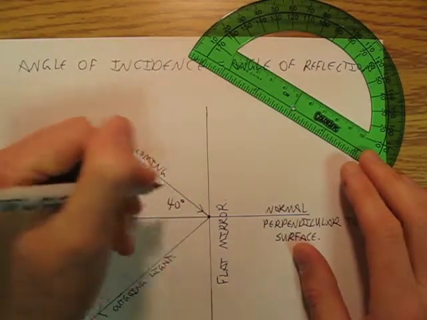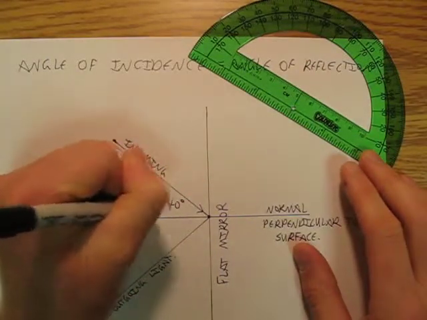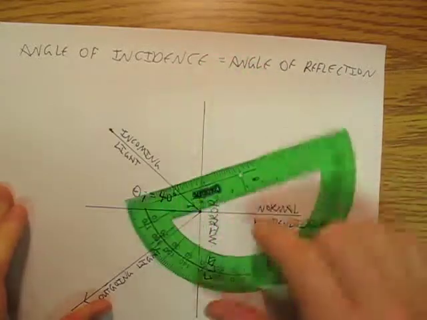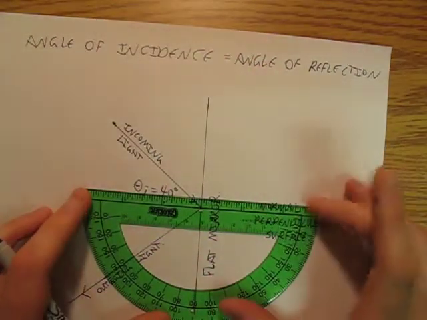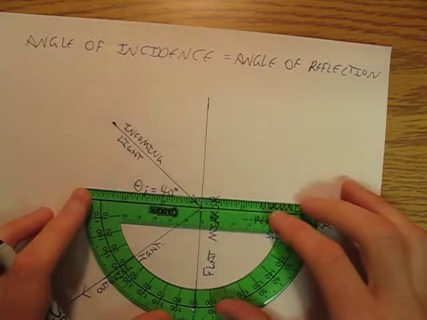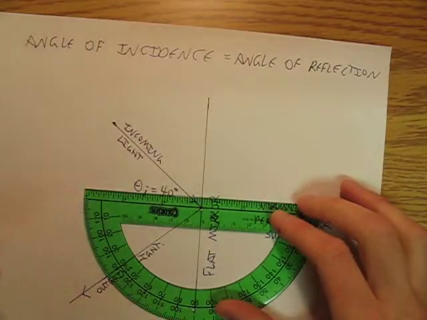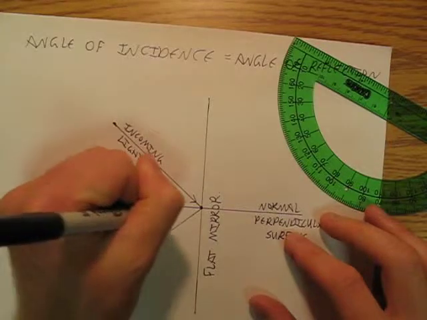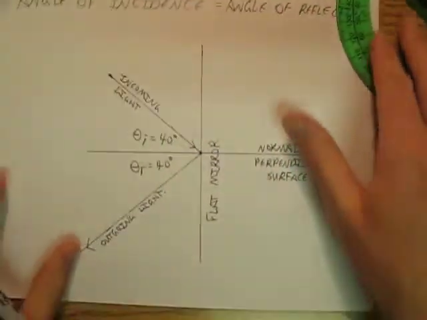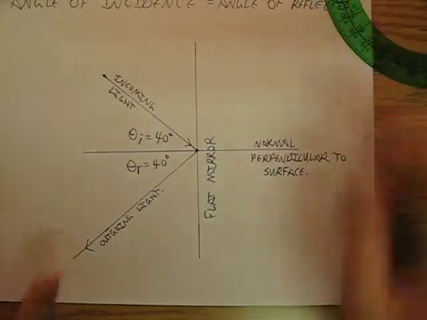So that's 40 degrees, theta I. And then my theta R, theta reflected, is going to be 40 degrees the way that I measured it. Okay, so angle of incidence equals angle of reflection.